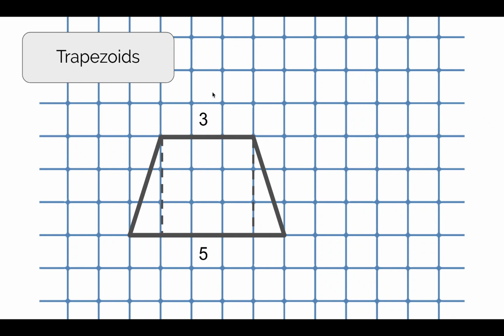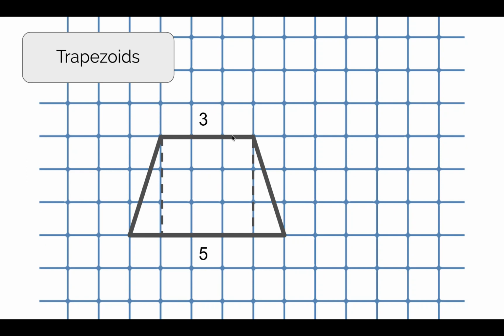So I'm finding what's the number that's halfway in between these 2 numbers so that those 2 lengths can be the same to make it into a rectangle. So once I do that, I could say that I have 4 by 3 in my rectangle, which gives me an area of 12 square units.